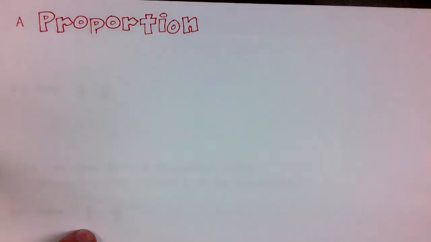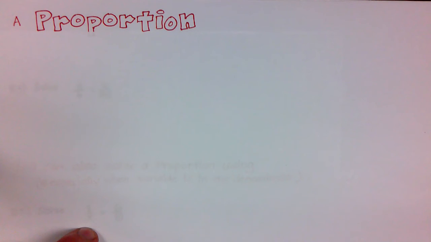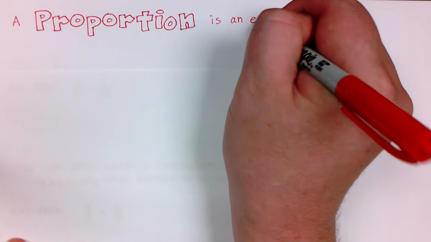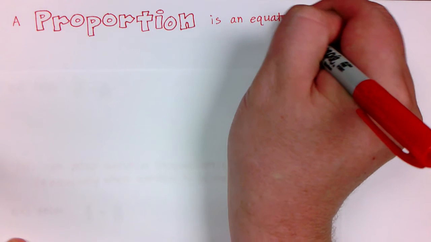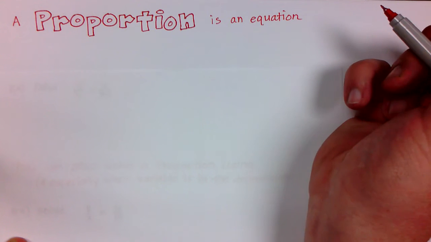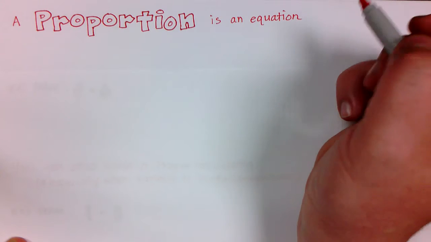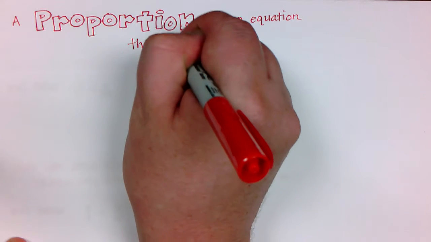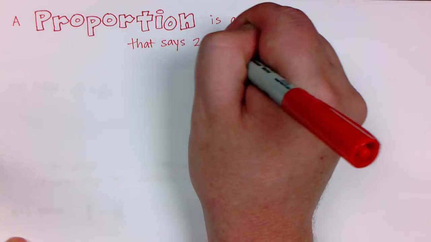So now let's just talk about what a proportion is. Okay, you've heard the word before. So let's just kind of review what it is. A proportion is an equation. And on either side of the equation, you have two different ratios. So it's an equation that says two ratios are equal.